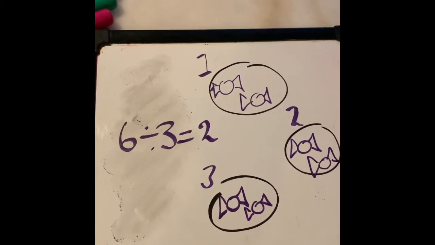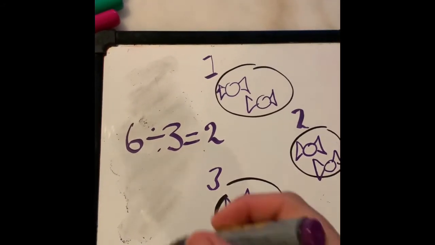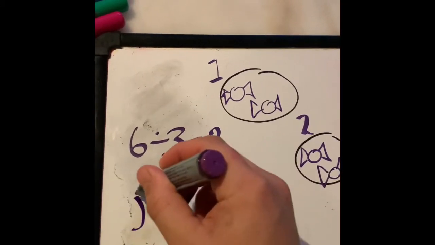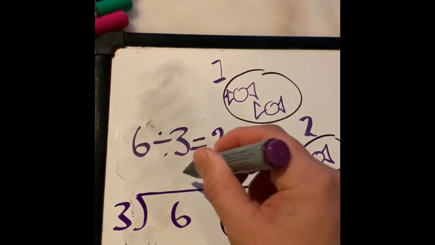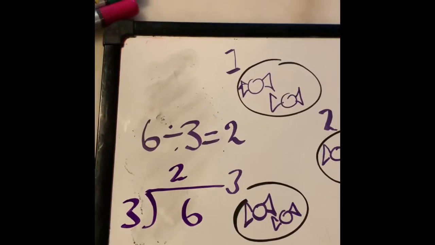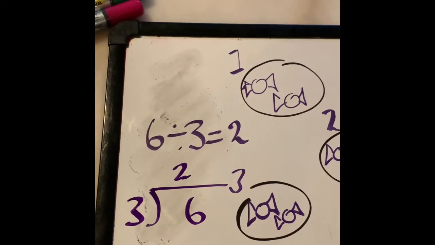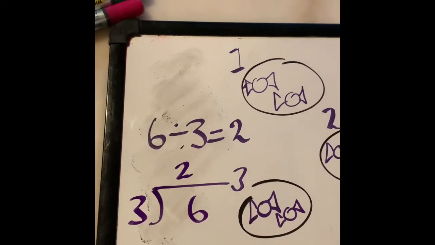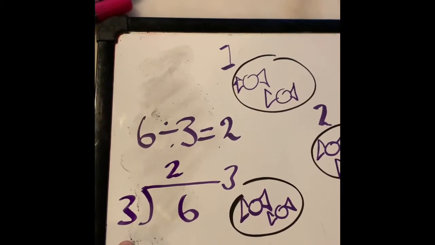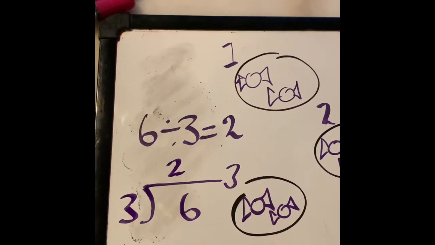It also could look like this. Crazy, I know, but that's what it could look like. And that exactly the same means 6 divided by 3 equals 2.